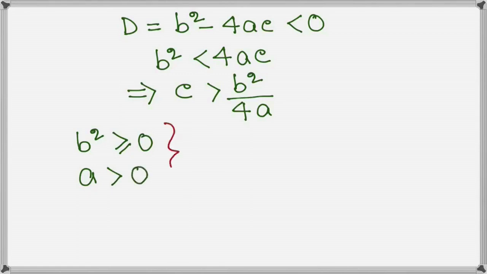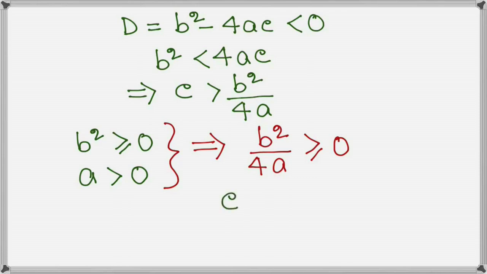So from these two pieces of information we can conclude that b squared divided by 4a is bigger than or equal to 0, and therefore we have c bigger than or equal to 0.